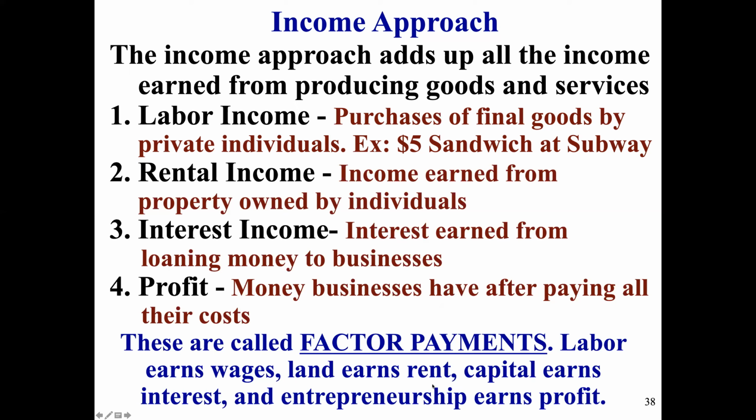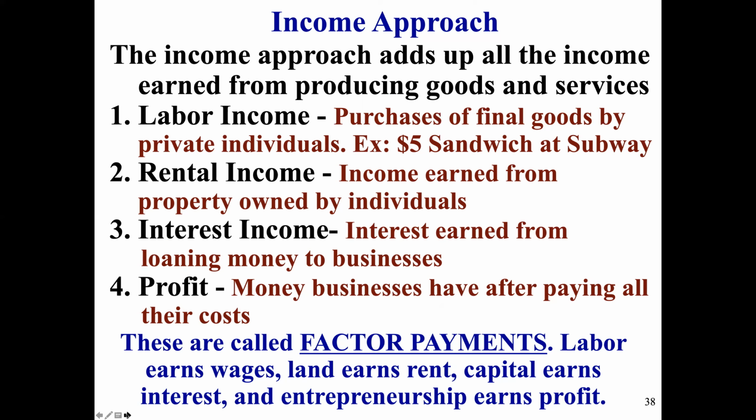The income earned off of land is rent. The income earned from capital is interest. And the income earned from entrepreneurship is profit. If you add up all 4 of those things, you're going to get the same number. You could add up all 4 types of income in the US and you would get $20 trillion. And if you add up all the 4 subcategories of expenditure, you get $20 trillion as well.